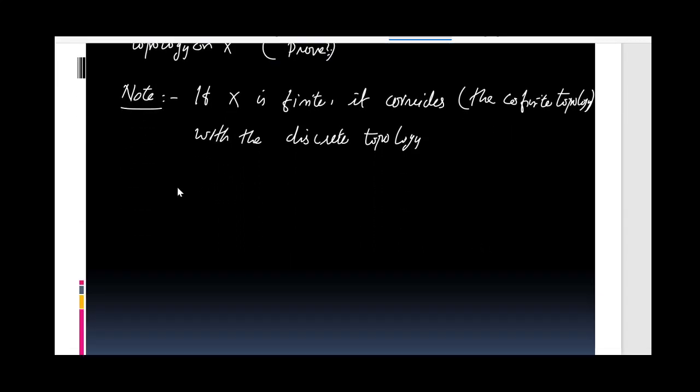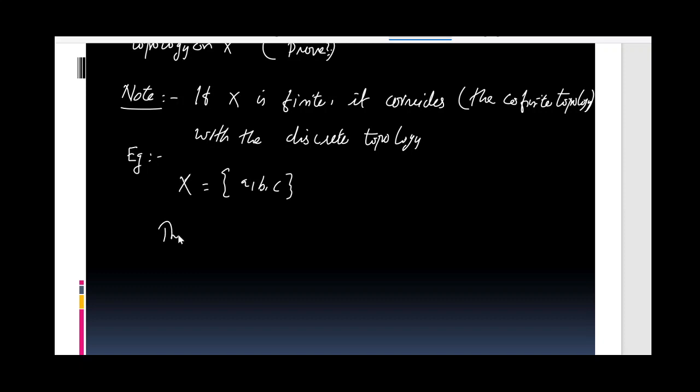Let us take X as a finite set. Take an example, X as {A, B, C}. Now we want to find the cofinite topology.